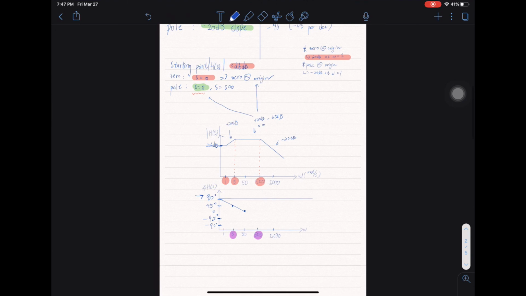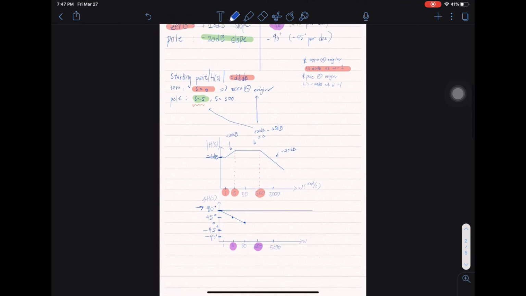And then at 500, we notice that we have another pole. So we are going to minus 90 degree again, and it's gonna be minus 45 degree per decade. So from 0 until minus 90, we put 500 at the point of negative 45 degree. And then you will be minus 45 degree and minus another 45 degree again.